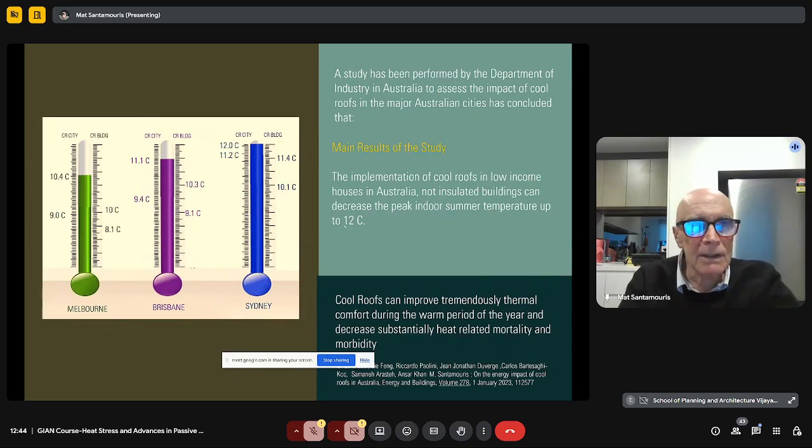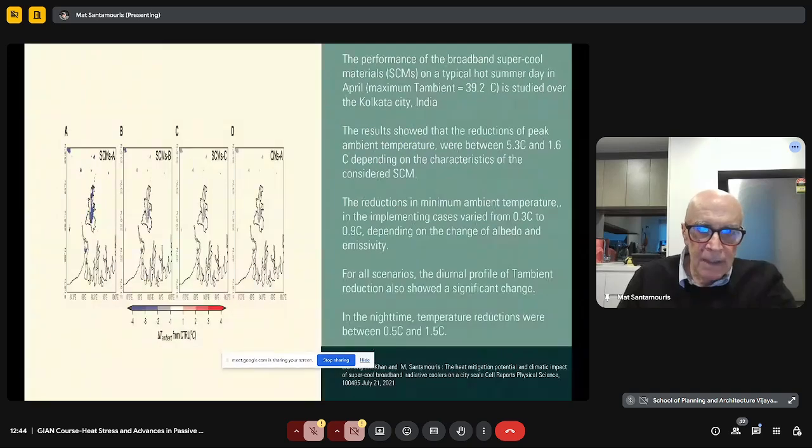So instead of having people living at 40 or perhaps 45 degrees, we can decrease the indoor temperature during peak time by up to 10 degrees, save lives, provide comfort, and at the same time improve the quality of life of these people.